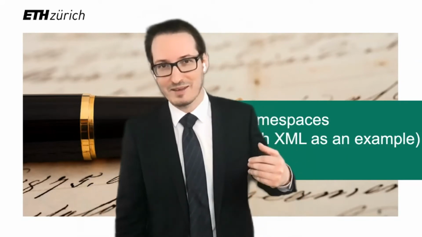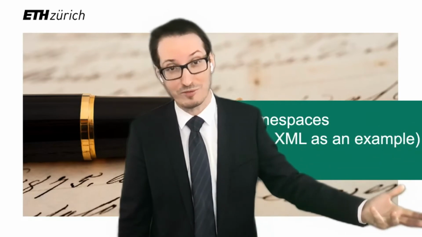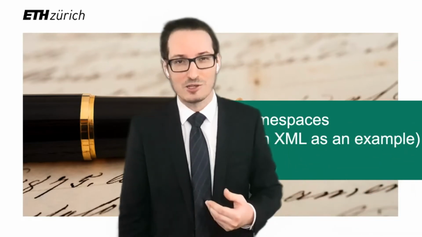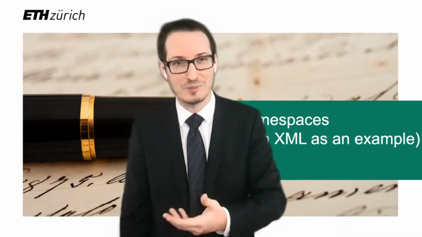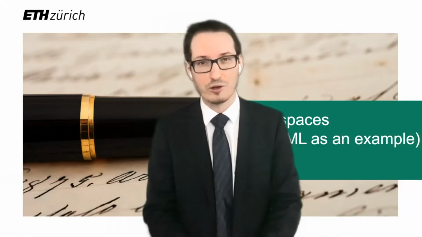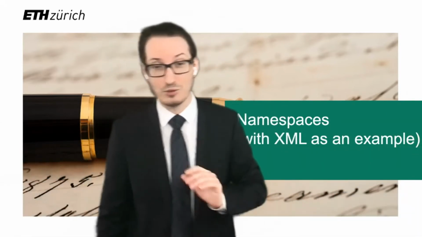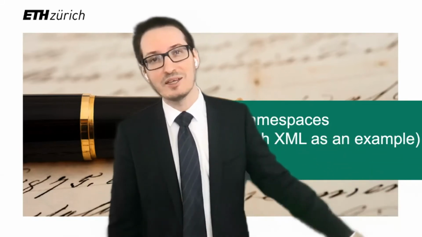The problem is that as soon as you have complex use cases, then you start missing that sort of feature that XML has. So I'm going to introduce you to namespaces in XML to explain why we have namespaces in XML, basically for scaling up when you have a lot of data and a lot of tags and you want to keep it under control. I don't know if they will one day make it into JSON.